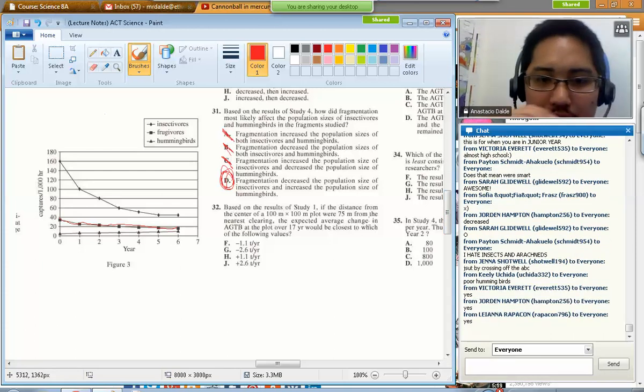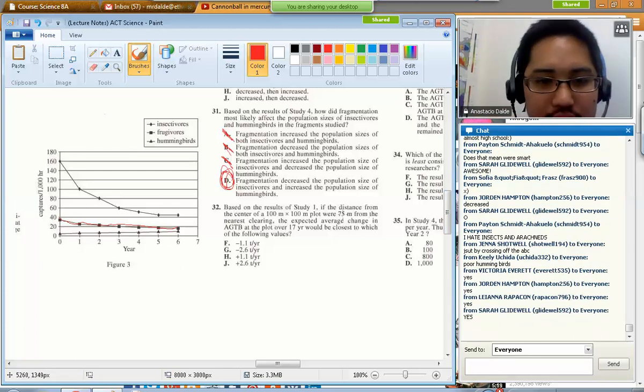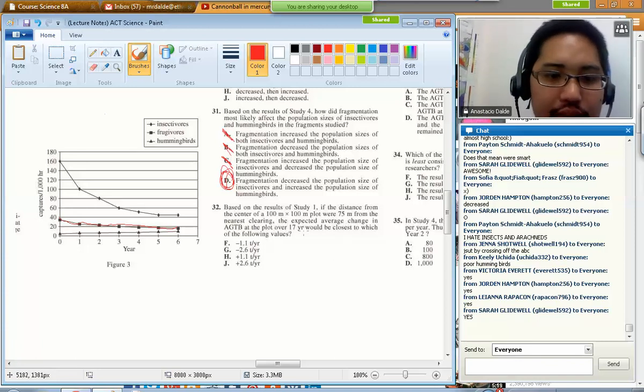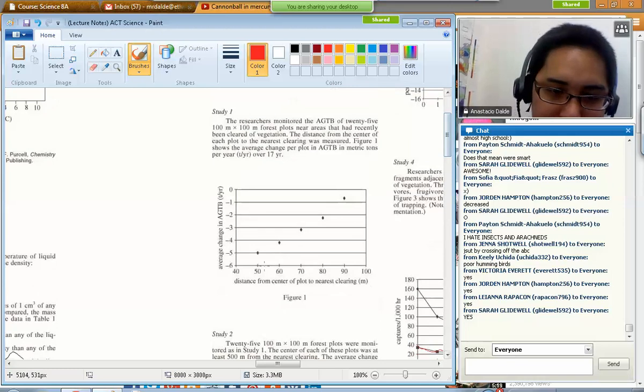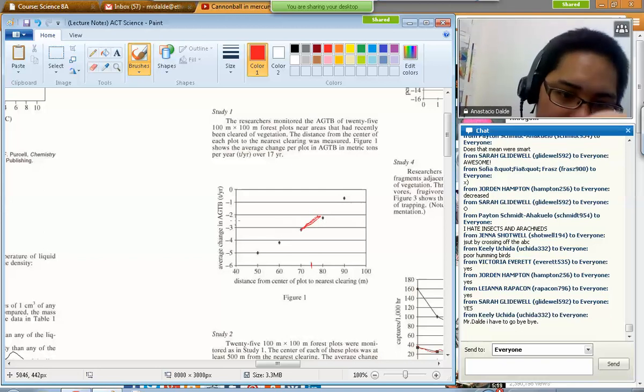Based on the results of study 1, if the distance from the center of a 100 by 100 meter plot was 75 meters from the nearest clearing, the expected average change of AGTB would be closest to which? Okay, fine. Let's go to the chart. We're going to 75 meters. That's over here, right? What would you expect the AGTB to be?